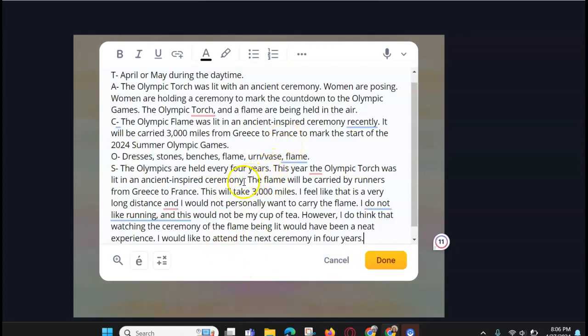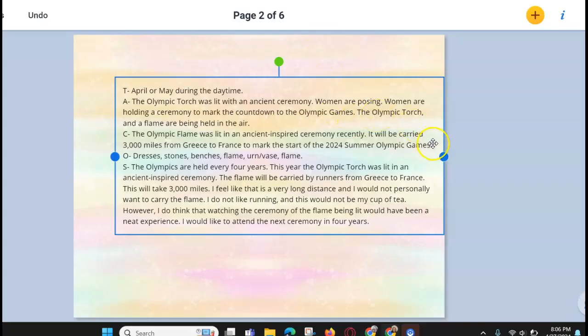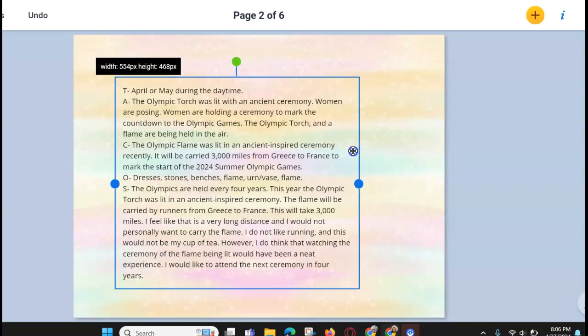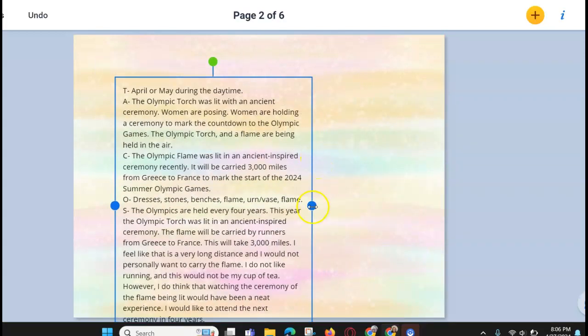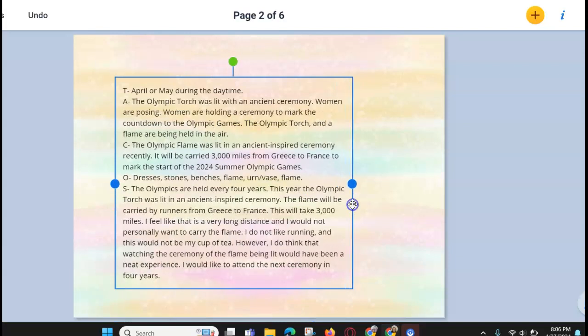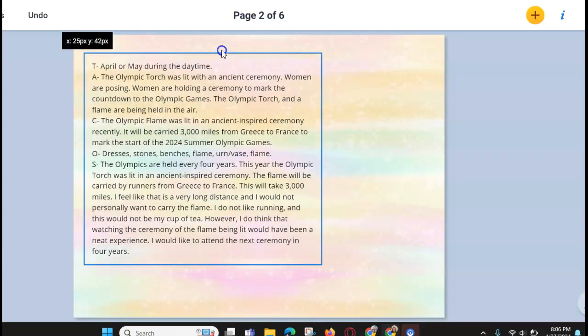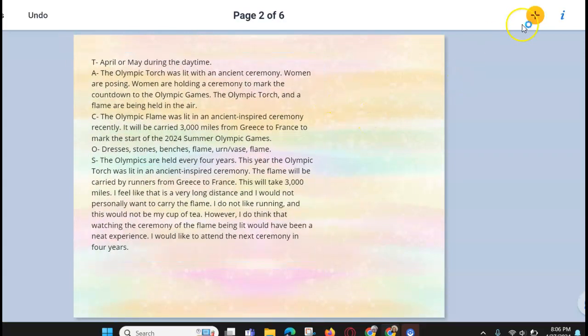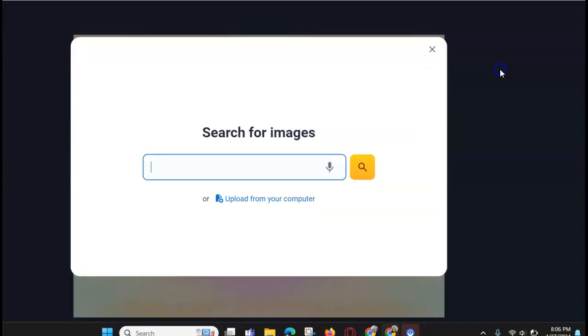So let's check. 1, 2, 3, 4, 5, 6, 7, 8. So I do have my 5 to 6 sentences. Perfect. We hit done. We can see how it fits on the page. We can edit it. And then we can add an image.